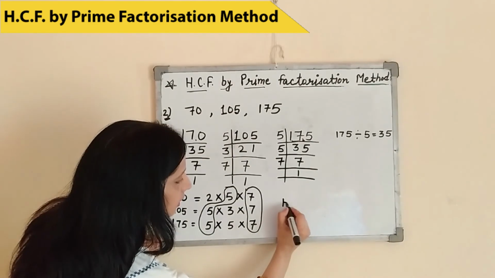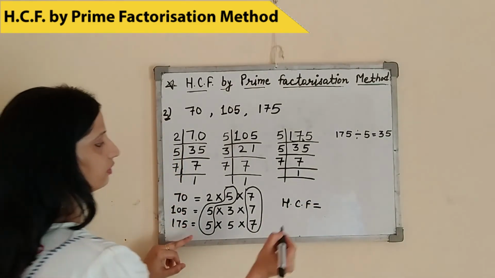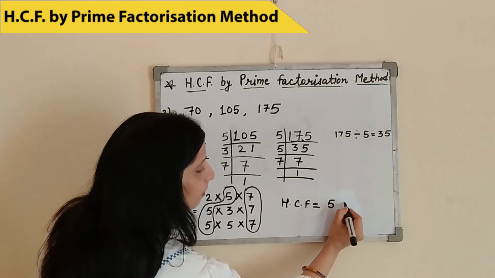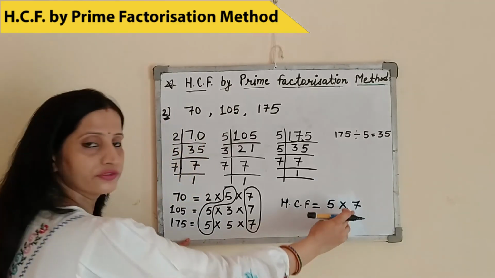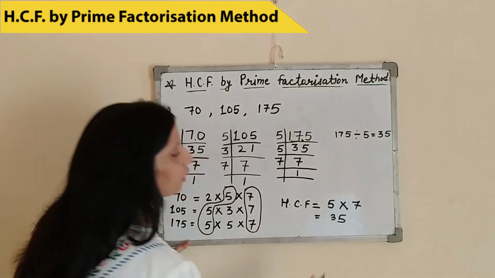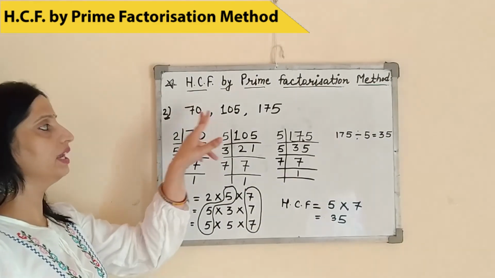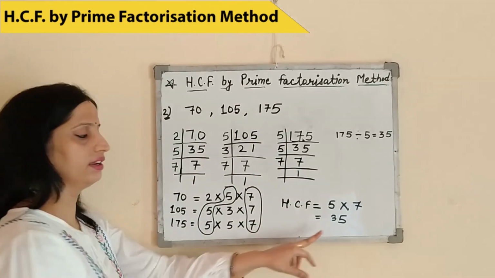So the SCF of all these 3 will be 5 multiplied by 7. 5 7s are 35. So the SCF of 70, 105 and 175 will be 35.